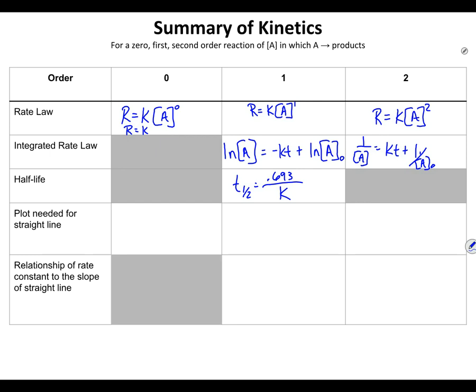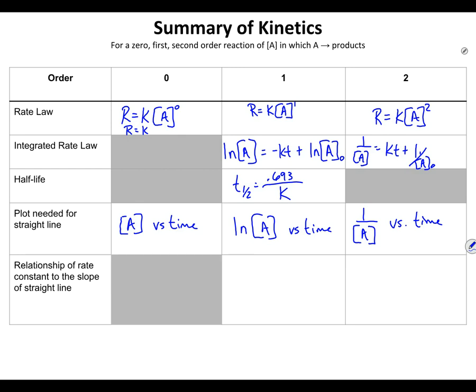Plot needed for a straight line. For zero order, it is the concentration of my reactant versus time. For first order, it's the natural log of A versus time. And for second order, it's 1 over the concentration of A versus time. If you get a straight line when you graph any of these, that helps you prove that it is zero order, first order, or second order.